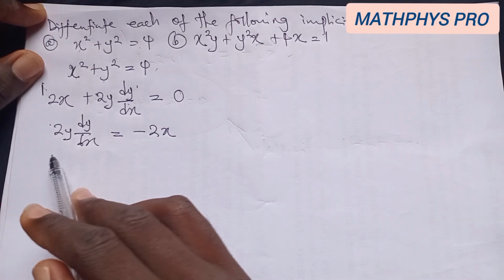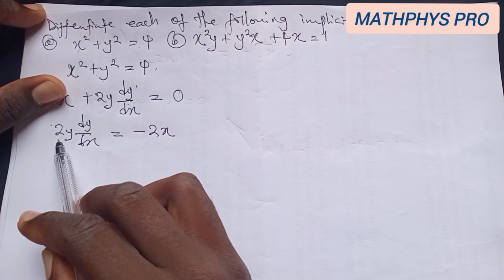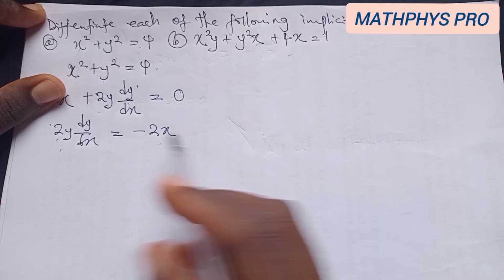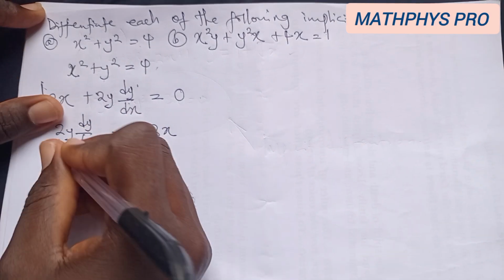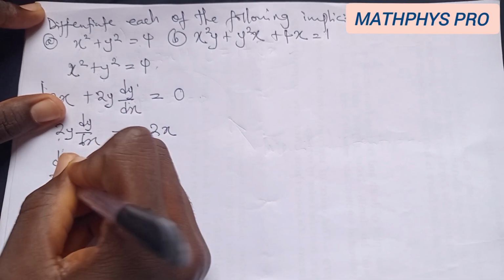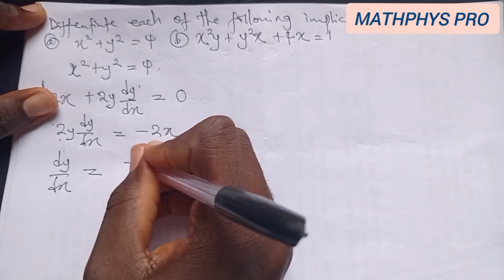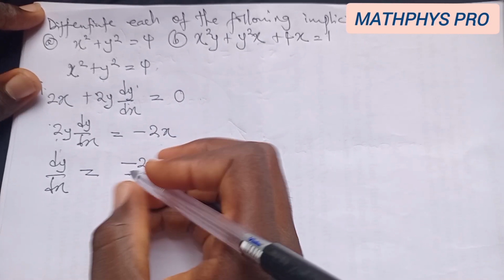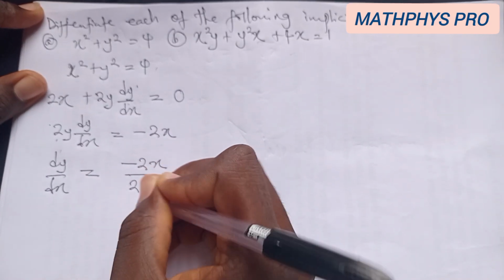Now to take 2y to the other side, divide both sides by 2y. We have dy over dx equals minus 2x over 2y.